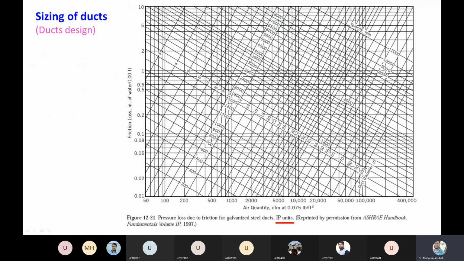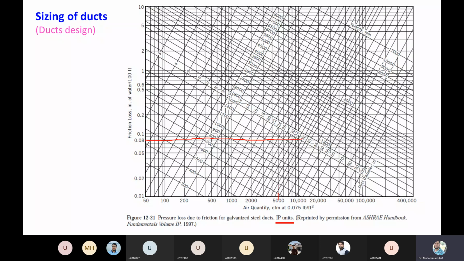Let's say this is the table. What is the airflow rate for duct A? The airflow rate is 5000, so this is the 5000. And what is the delta PF friction loss? 0.08, so this is the 0.08.